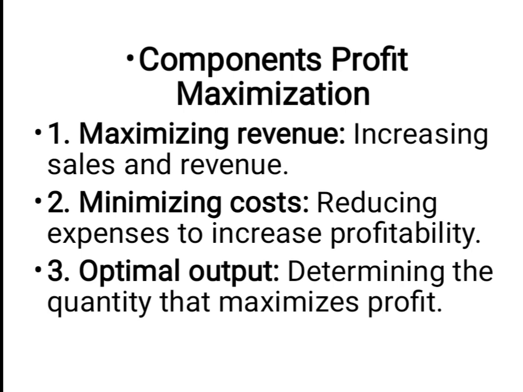Optimal output, well, that is determining the quantity that maximizes profit. When we talk about optimal output, that is where you reduce the quantity. This usually happens when they are increasing the price of maybe bread or buns.